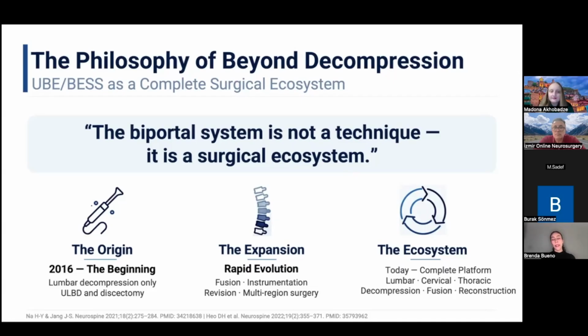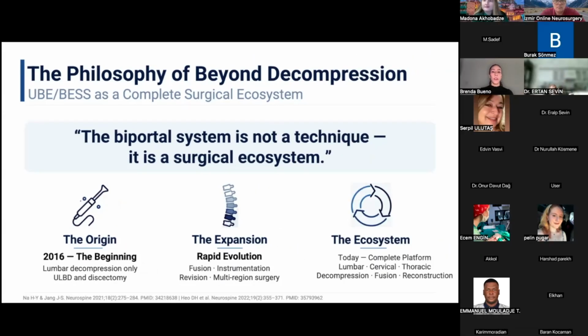Currently, there is an ecosystem of this technique, like other endoscopic techniques. We can do lumbar, cervical, thoracic, not only for decompression or fusion, even reconstruction, tumor, or infection. So the indications now are really wide, not only decompression like before.